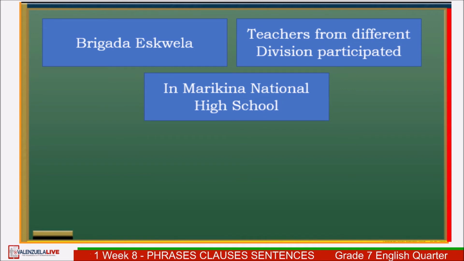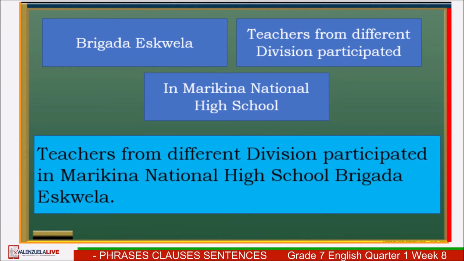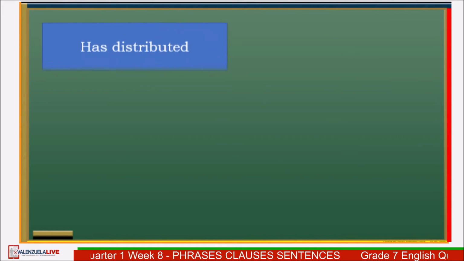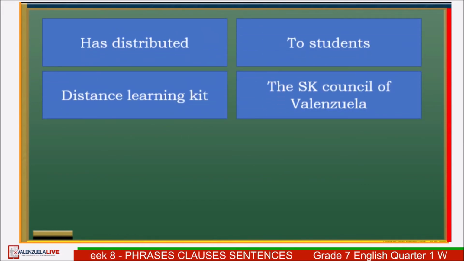The correct answer is teachers from different division participated in Marikina National High School Brigada Escuela. Let's now have the second set. Has distributed distance learning kit to students, the SK Council of Valenzuela.